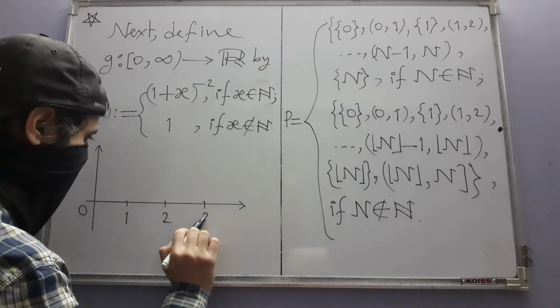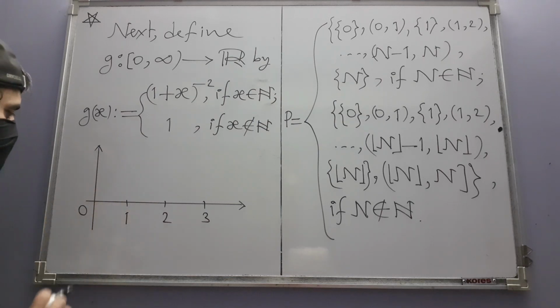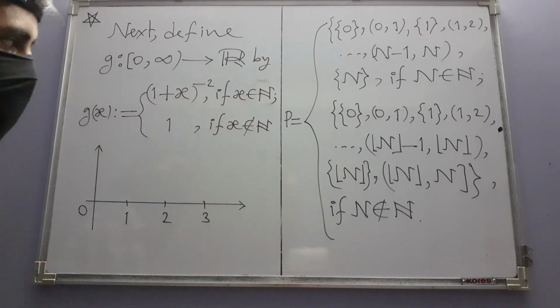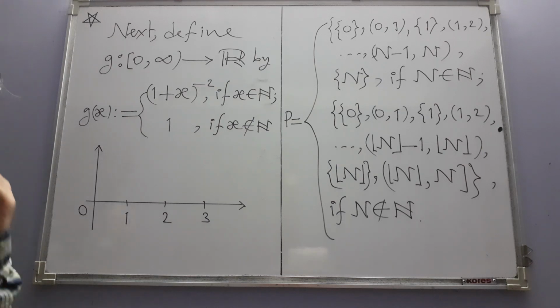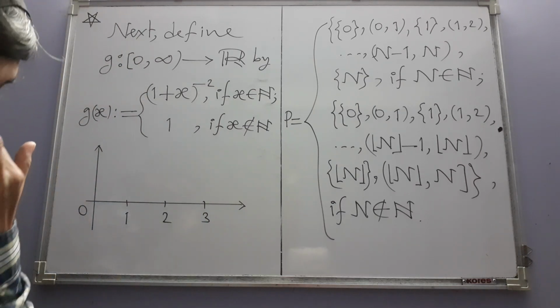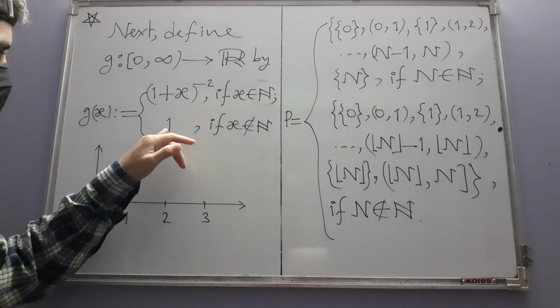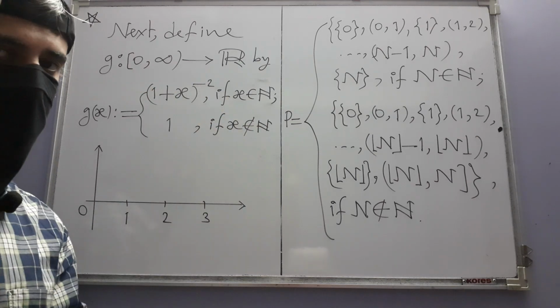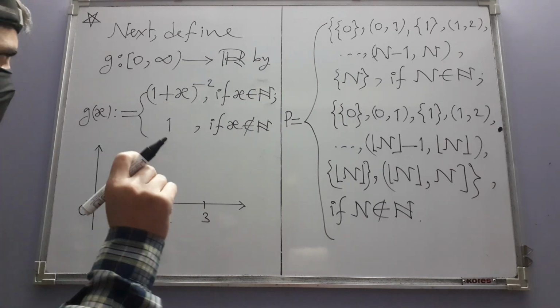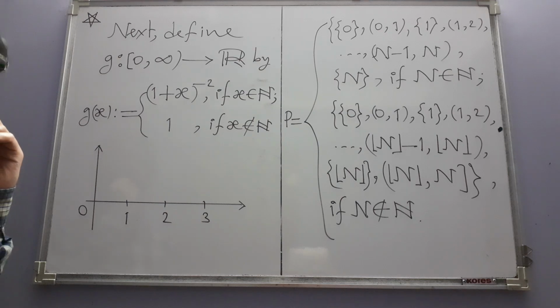Again, we mark out integers because the definition is like that. Unlike the previous case though, now the function seems to be almost entirely 1. It takes on the value 1 almost all the time, except at some points where it deviates from that.